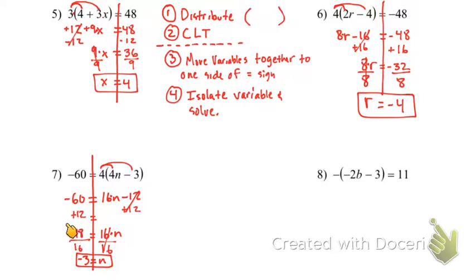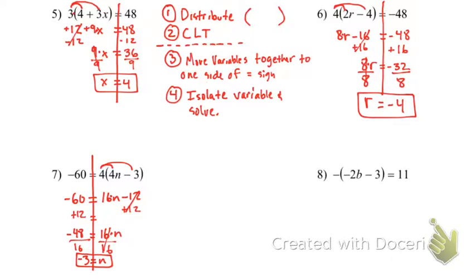The negative wins. It should be negative 12 here, but to move it to the other side, we have to do the opposite of it. Yeah, just be careful with that. Cool?